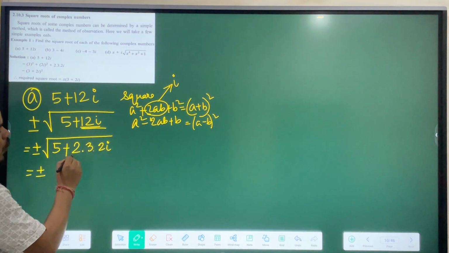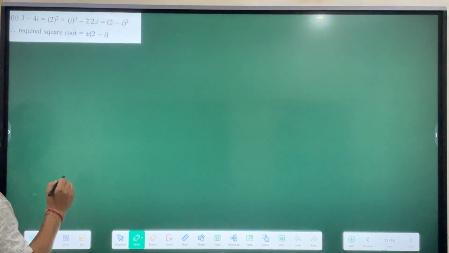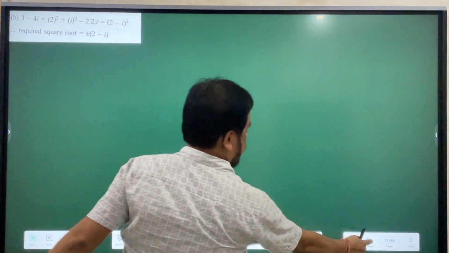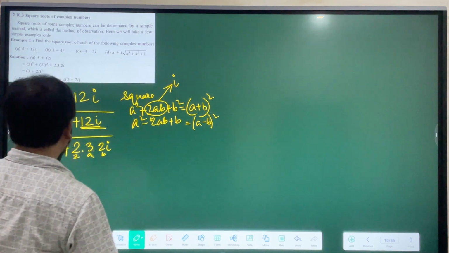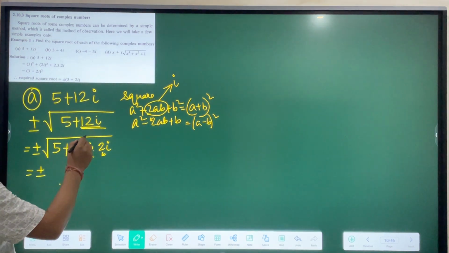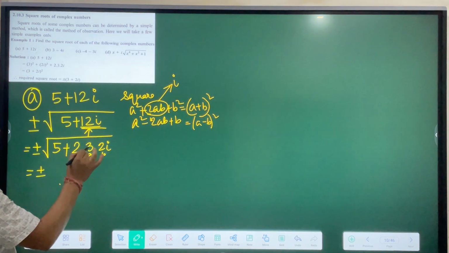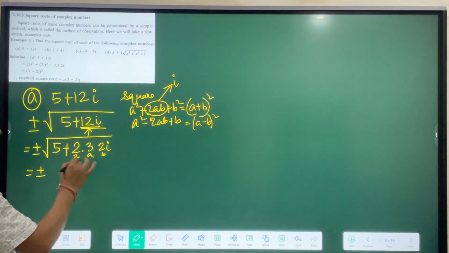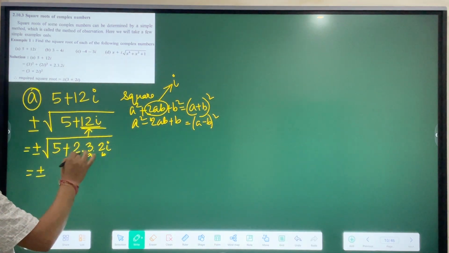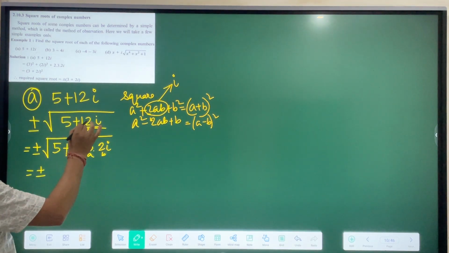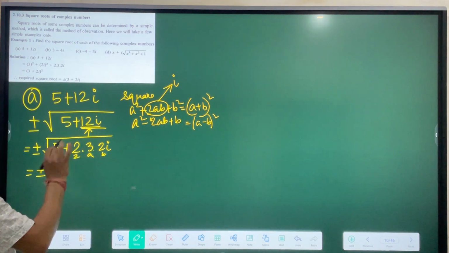I hope you understand. If we do the calculation of twice ab, we will get back this one. That calculation must be correct. We must verify. Whatever you have written for twice ab, the calculation of this and this must be exactly equal. Otherwise, it will be wrong.